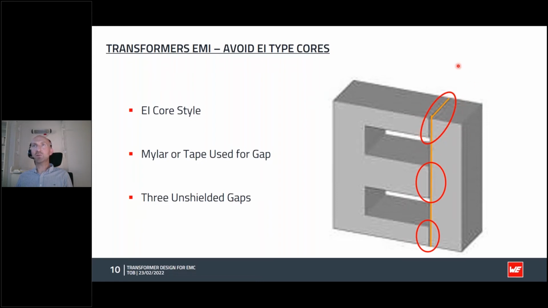So if we have any components here or on this side, then there'll be a very high H field close to them. There's some leakage of the flux around the air gap, which tends to spread out into those components and can cause some problems with the EMC. And so this type of construction should be avoided if we can.